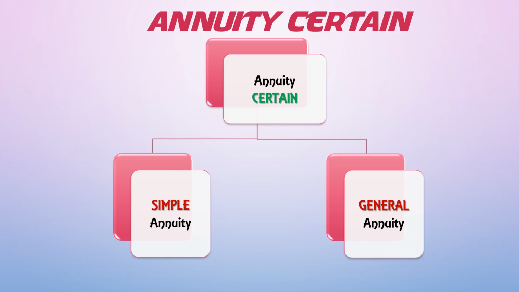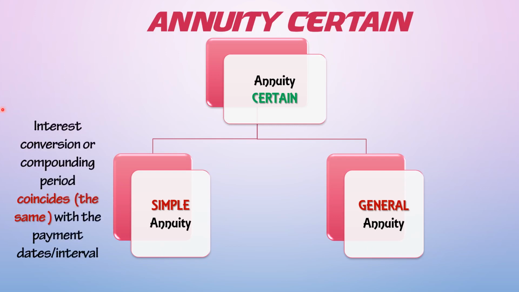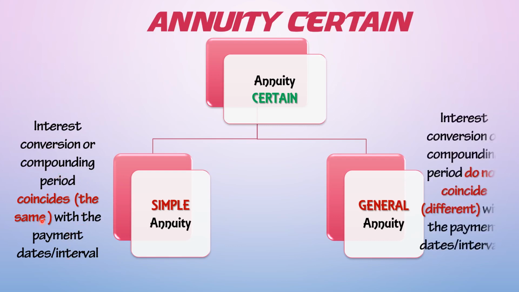Now, the two types of annuity certain are simple annuity and general annuity. For the simple annuity, the interest conversion or compounding period coincides with the payment interval, or they are the same. While for the general annuity, the interest conversion or compounding period does not coincide with the payment interval.